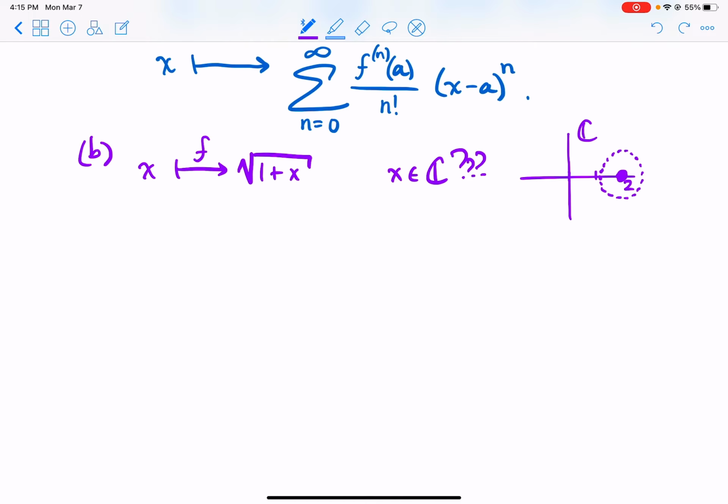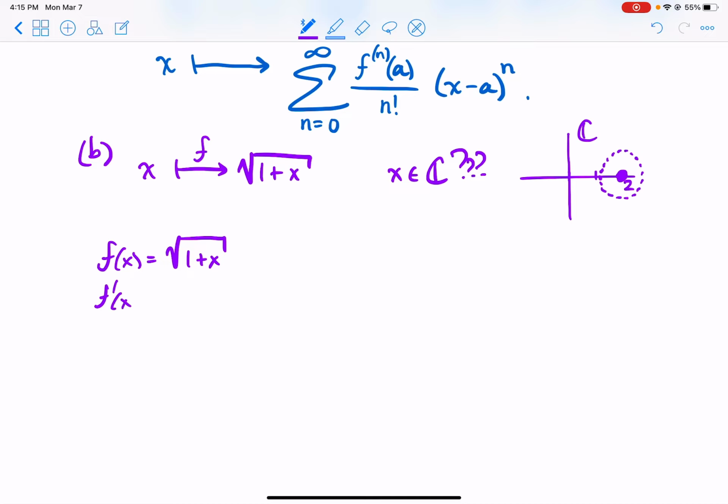Okay, so first of all, what are the derivatives? First, the square root of x is easier, so let's just do the whole thing. So what's f prime? Well, here, this is going to get too cluttered, so let me organize. F of x is the square root of 1 plus x.